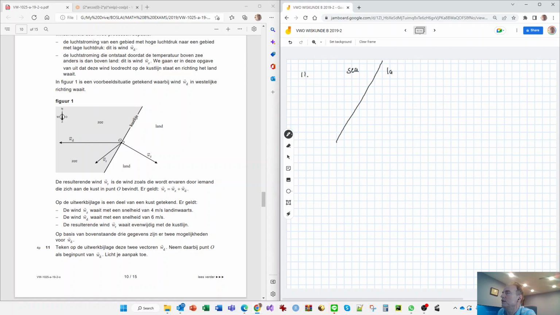sea, land, and we have a wind factor WZ, and we have WR, the resultant, which is this WZ plus WD, but they're not telling us what the direction is of WD.